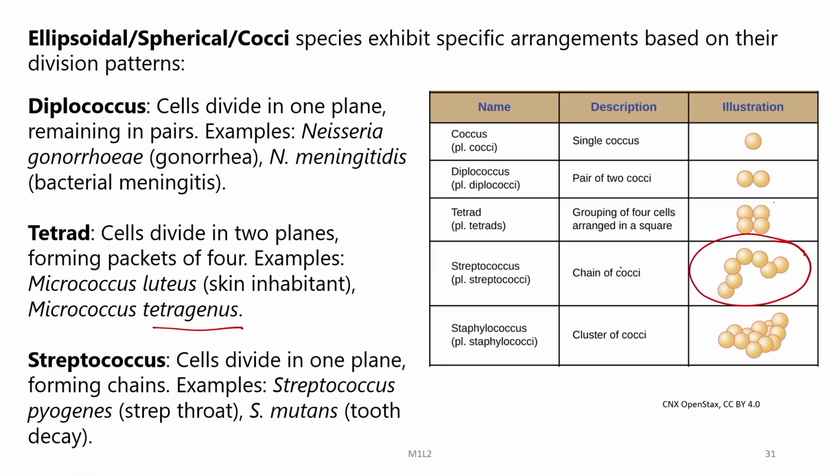Then we have Streptococcus, which is basically a chain of cocci. If you look into it, these cells divide in one plane forming chains. So you have Streptococcus pyogenes or Streptococcus mutans, which are respectively responsible for strep throat or tooth decay.